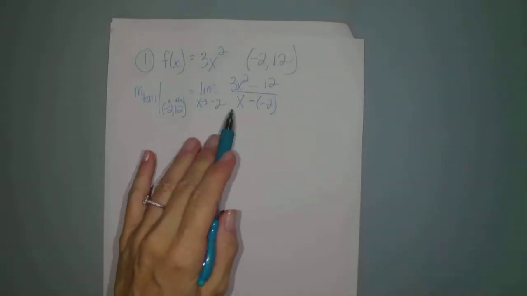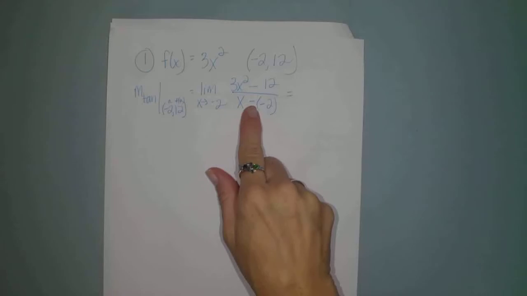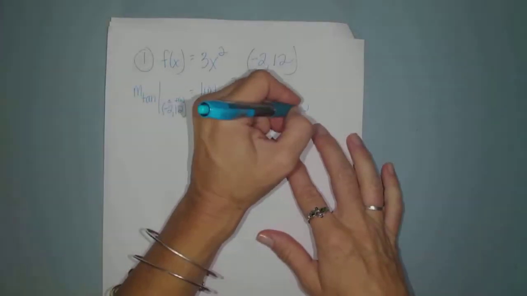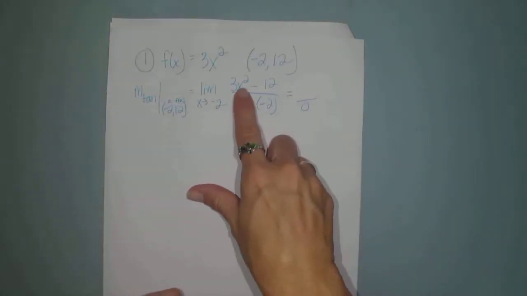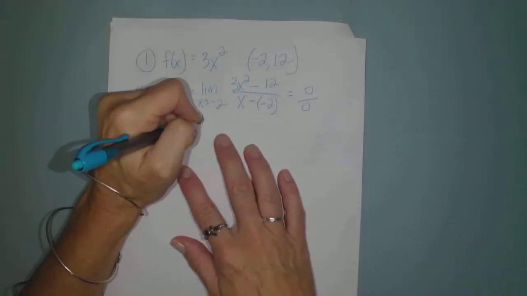Okay, if I plug -2 in right now, -2 plus 2 is going to give me 0 on the bottom. And if I plug a -2 here, I'm going to get 0 on the top. So I'm going to try to keep going algebraically.